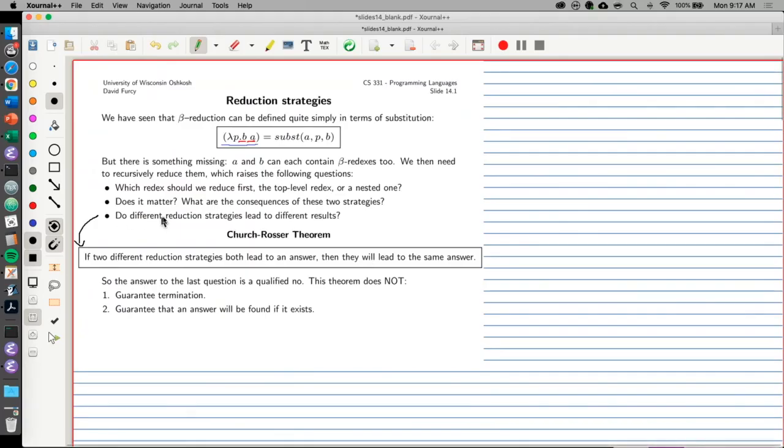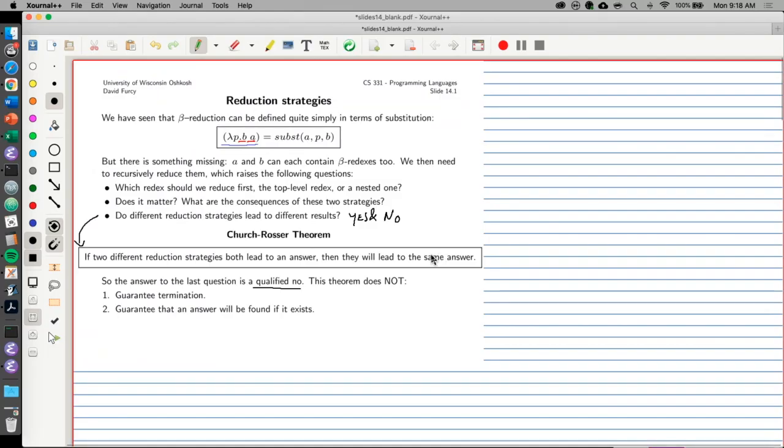So do different strategies lead to different results? Here we could say no, but it's a qualified no. So the answer is really yes and no. Why? Because of this condition. If two different strategies lead to an answer, so if by using a strategy you get some answer, and by using another strategy you get another answer, the theorem says they will always actually be the same answer.